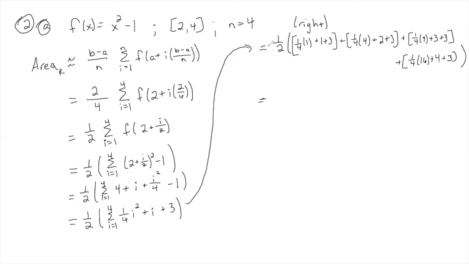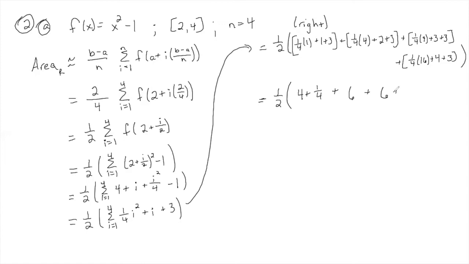All right, so it looks like I get, just distributing through, I get a 4 plus a 1/4. Actually, I'll keep the distributing out of it for right now. So I get 4 plus 1/4 here, plus 4 times 1/4 is 1. So 3 plus 2 plus 1 is 6. 3 plus 3 is 6, plus 9 over 4.